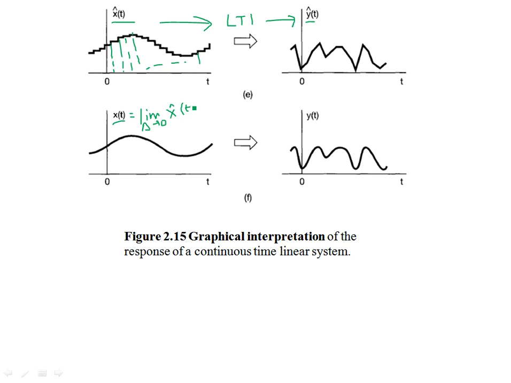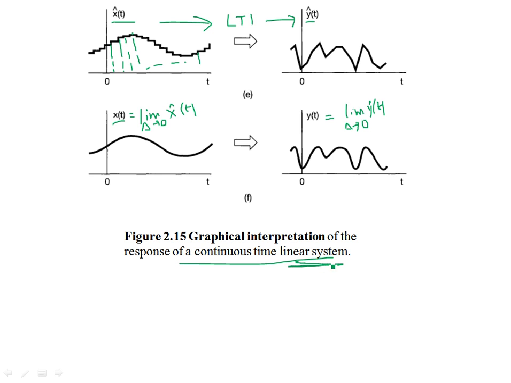Therefore y(t) is also the same approximation if you consider the response of the system to an infinitesimally small duration pulse, which can be considered as delta(t). This response becomes equal to y(t), the original response of the system. So this is the graphical interpretation of the response of the continuous time linear system.